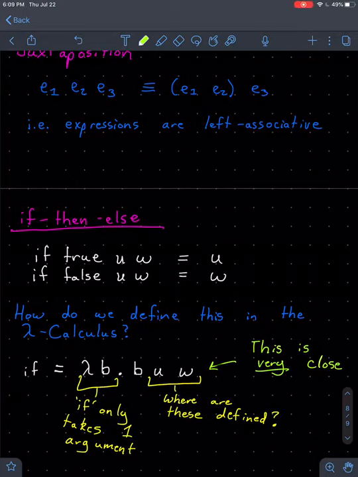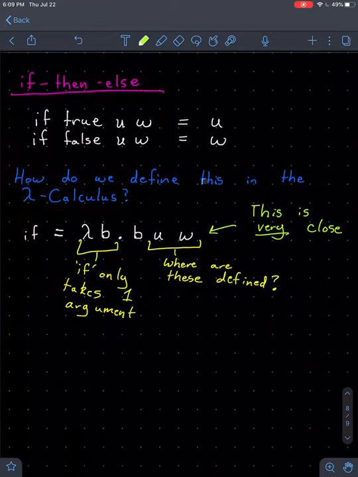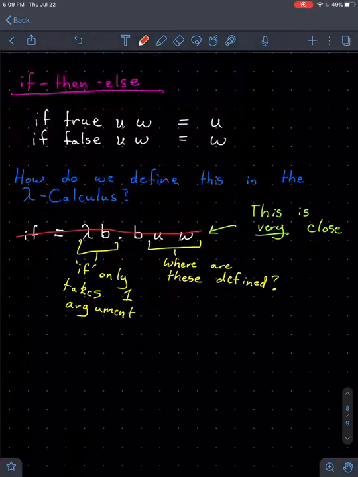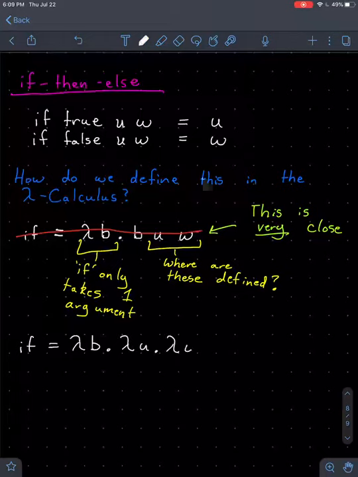Any ideas? Nope, there Arthur. Arthur's got it. There we go. So instead, I'm going to cross this out. We have if is equal to lambda b dot lambda u dot lambda w dot b u w.